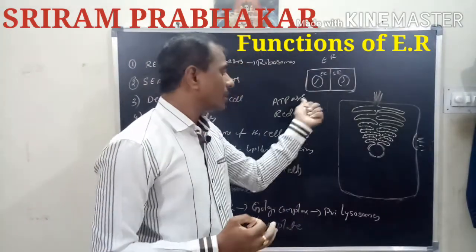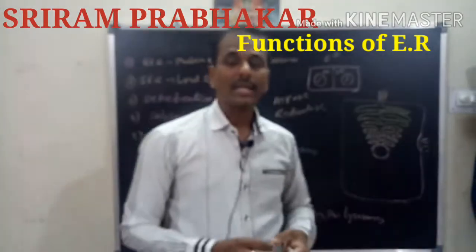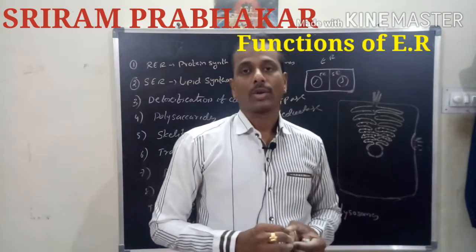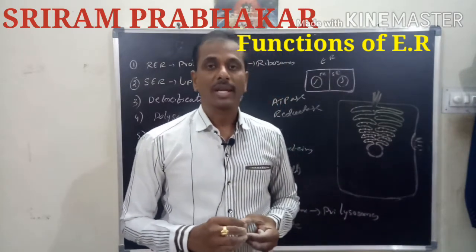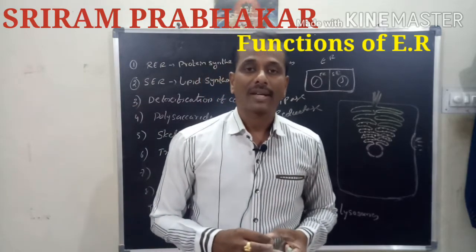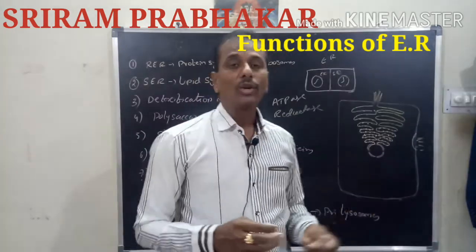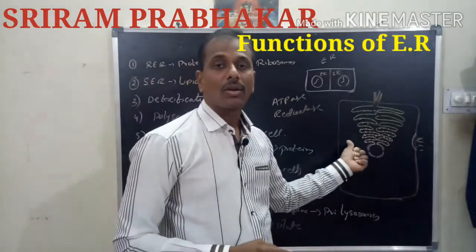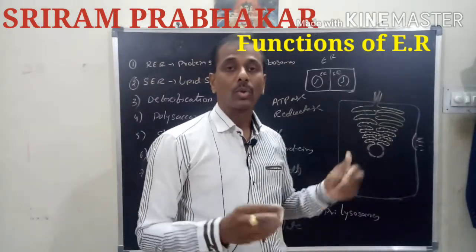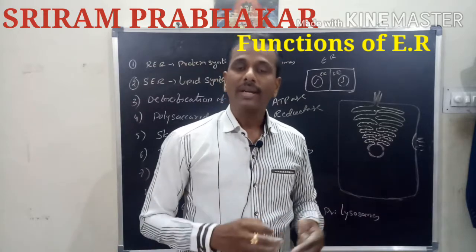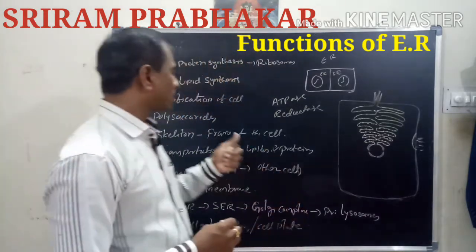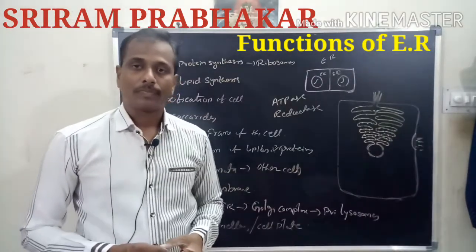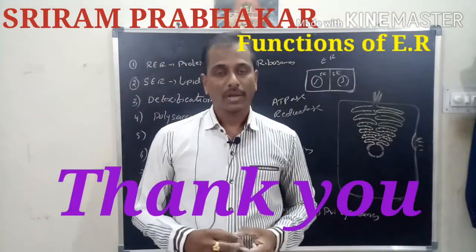For example, ATPase, reductase and a number of other enzymes are present in the endoplasmic reticulum. Those enzymes help in the metabolic activity of the cell, so the endoplasmic reticulum is very rich in enzymes. Those regulate the metabolic activities. So these are the functions of the endoplasmic reticulum. Okay. Thank you very much.